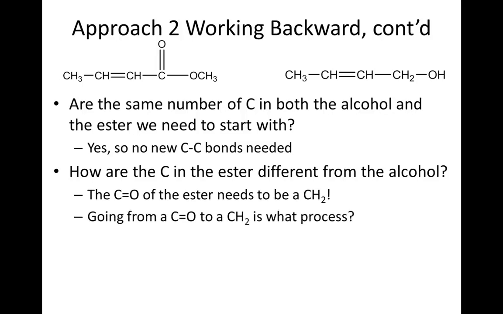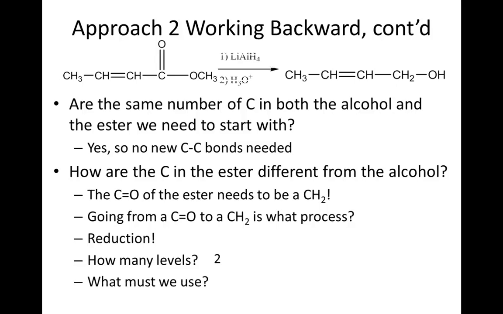And so reduction is the process. And how many levels of reduction is that? Well, this carbonyl is at a level which is 2 levels different from this carbon. And so we need a really strong reducing agent to do that. And so lithium aluminum hydride is what we would have to use for that.